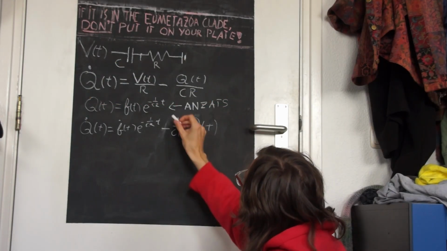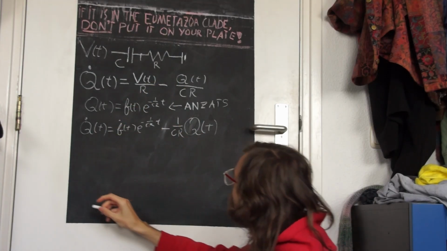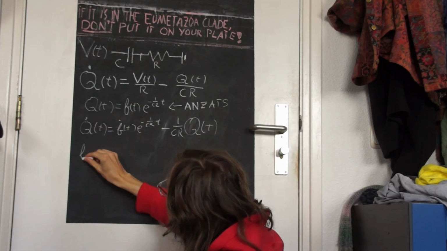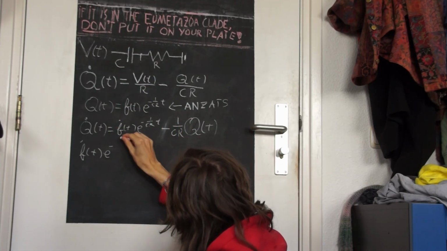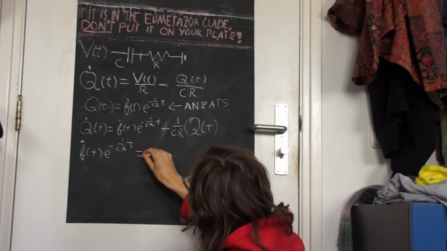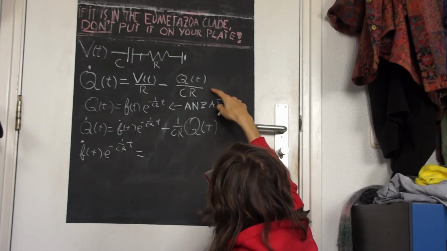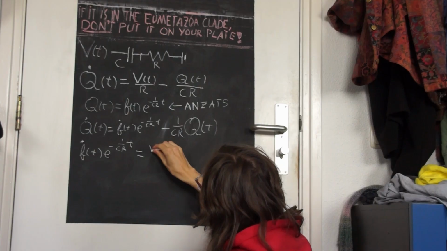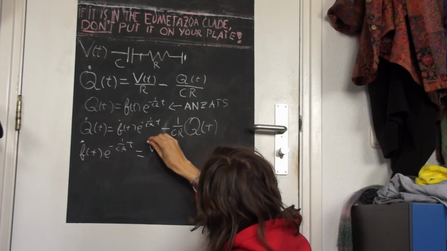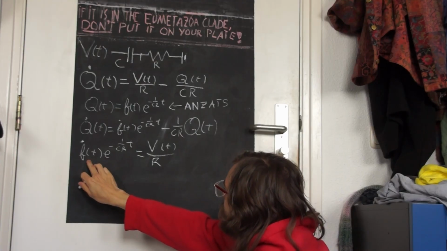If we have this guess, then we find that our equation is going to simplify to f dot of t times e to the minus 1 over CR t, and this is the time derivative of f, has to be equal to this part, right? Because this is that, and then this has to be that. So that's going to be V of t divided by R. And now we can simply solve for f.